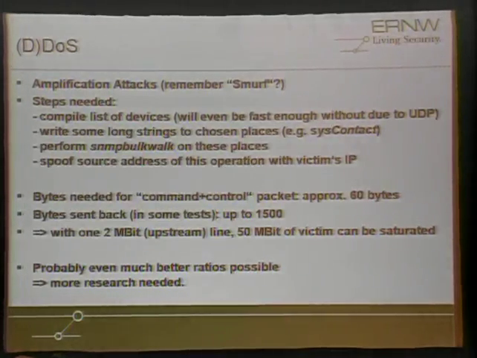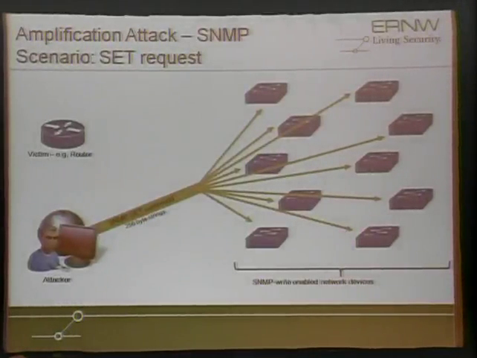When asking for those bytes we previously wrote there, spoof the source address with the address of the victim. Essentially, with 60 bytes sent upstream, one is able to get 1,500 bytes downstream, all on UDP, so you have a ratio of 1 to 25, redirecting traffic toward a victim without a bot or anything. It's just plain SNMP and boxes sitting in the internet anyway. This is how it would look in a graphical way.